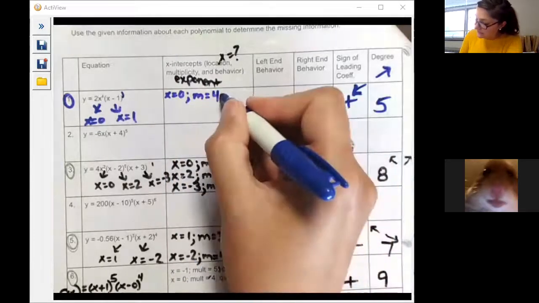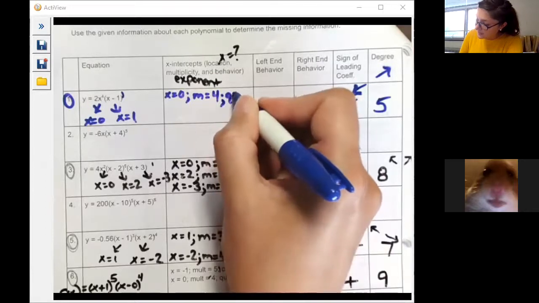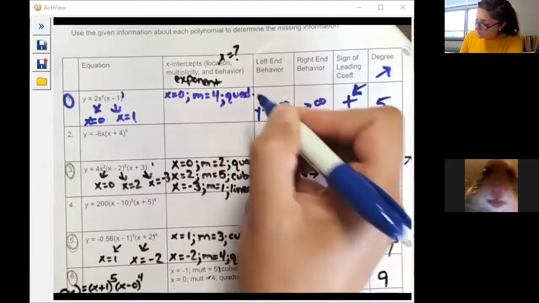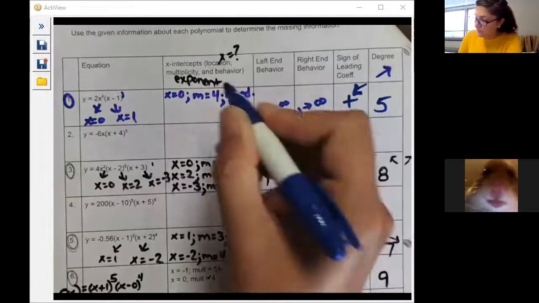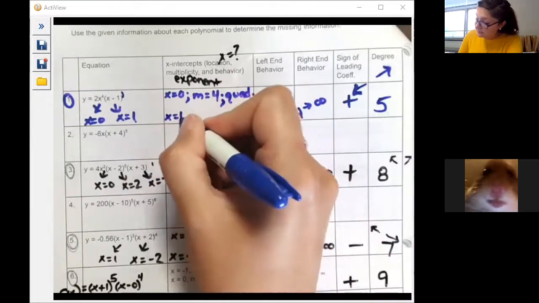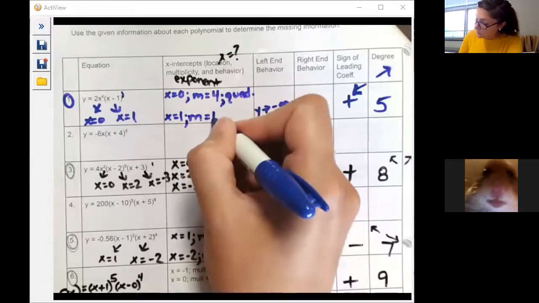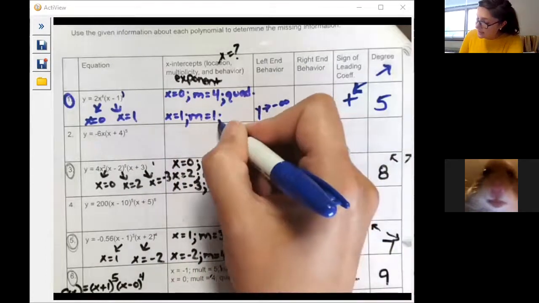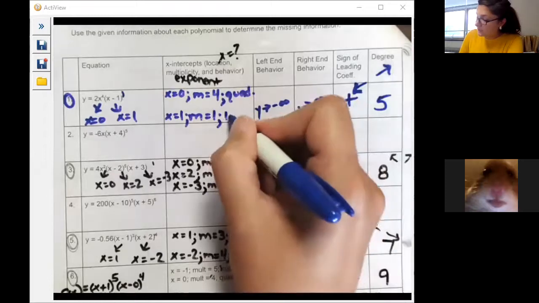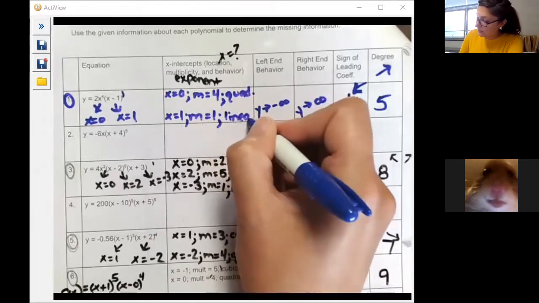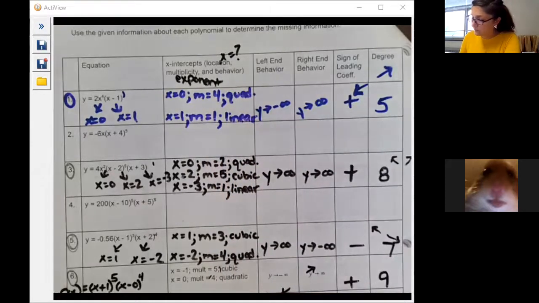Since 4 is an even number, that's going to be quadratic behavior. When x is 1, my exponent is 1, so my multiplicity is 1. If the exponent is 1, that's always going to be linear behavior. Questions on number 1?